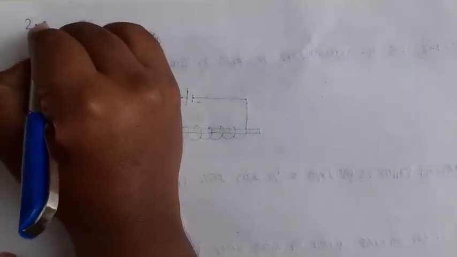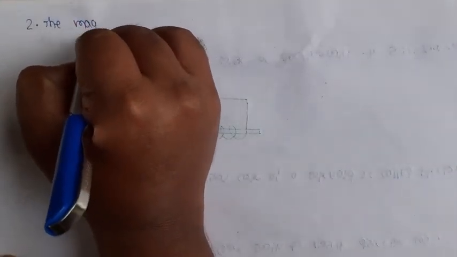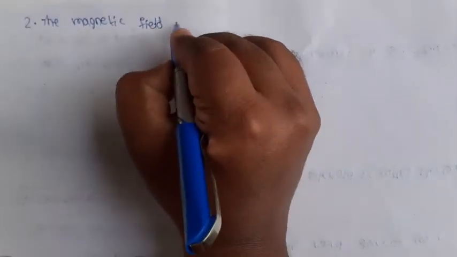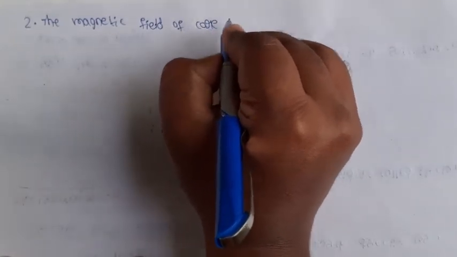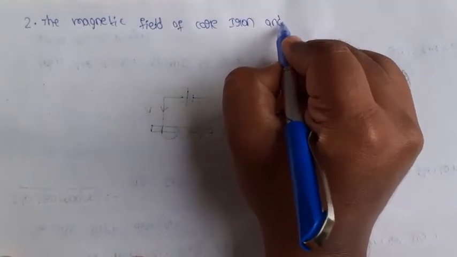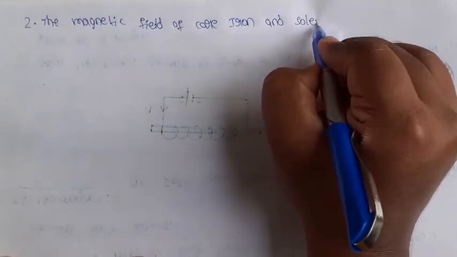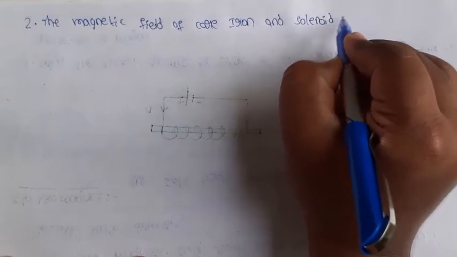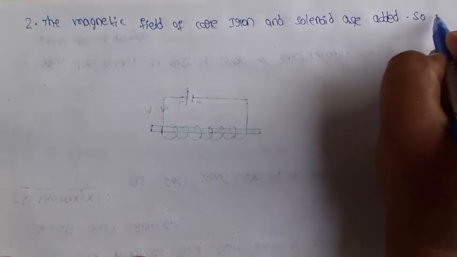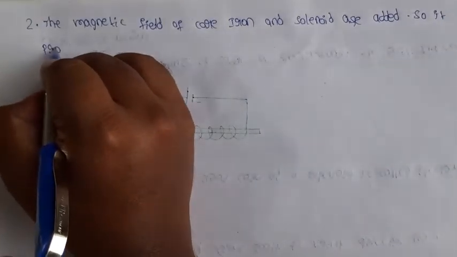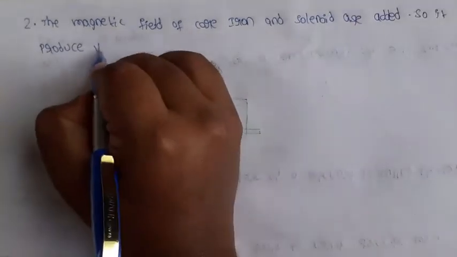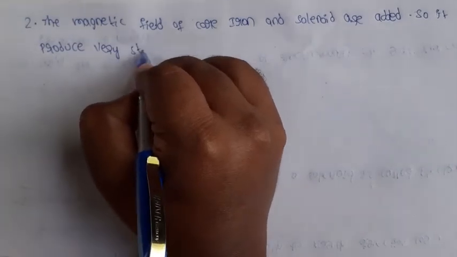Next point, the magnetic field of core iron and solenoid are added, so it produces a very strong magnetic field.